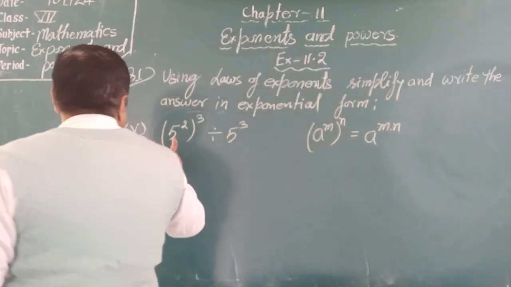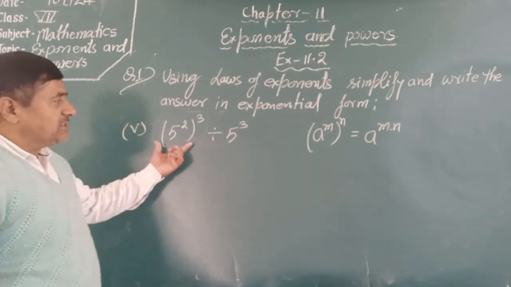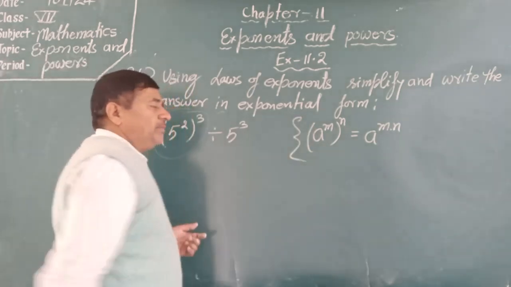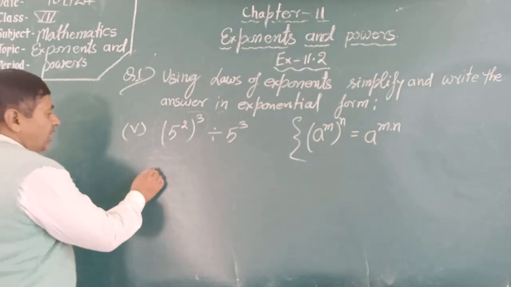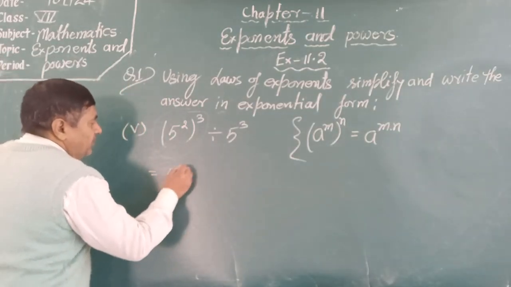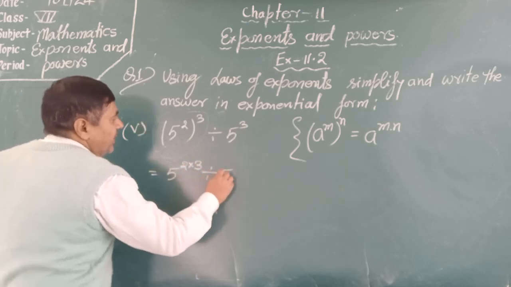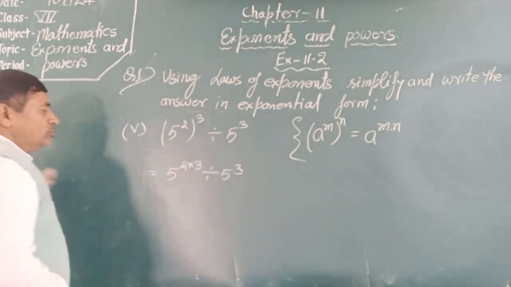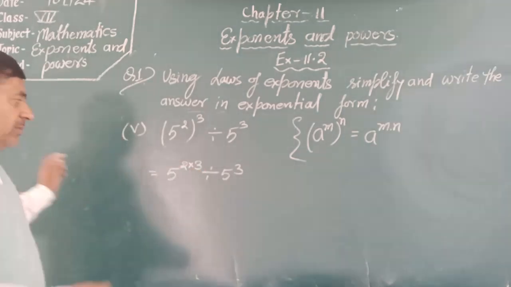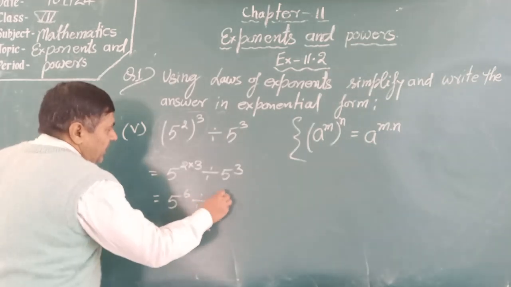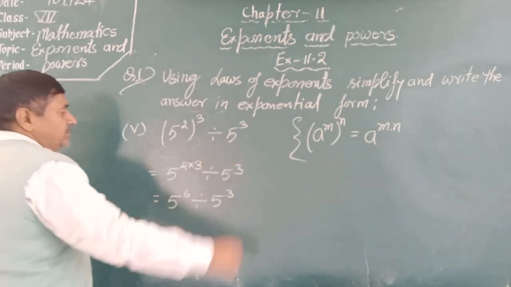For this step you follow this law. So 5 to the power 2 into 3, divided by 5 to the power 3. 2 into 3 means 5 to the power 6 divided by 5 to the power 3.